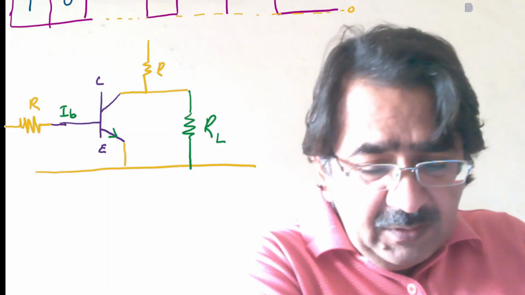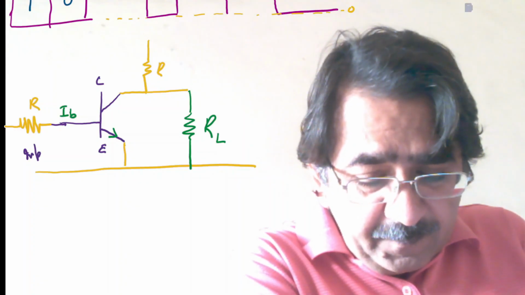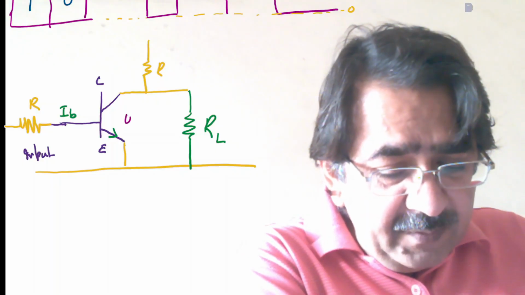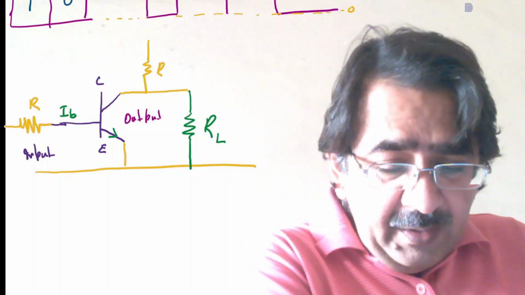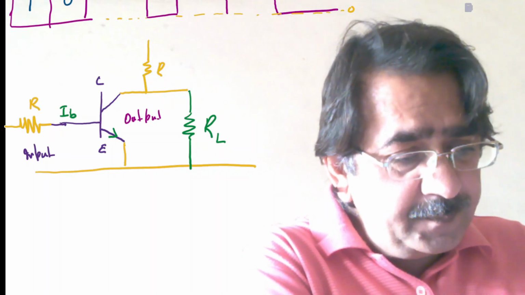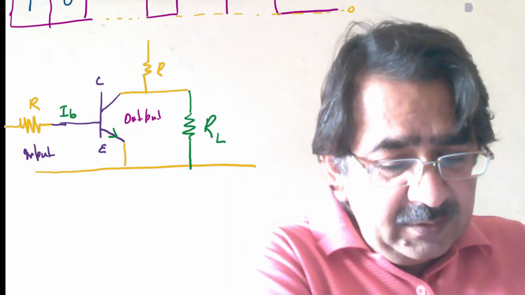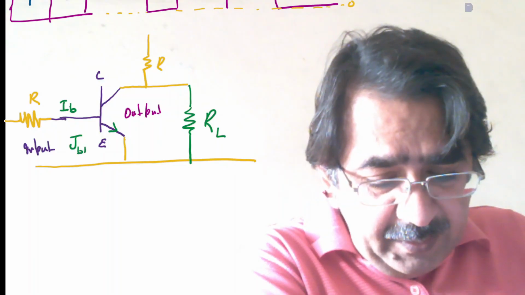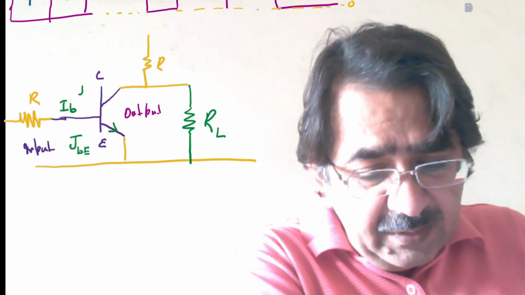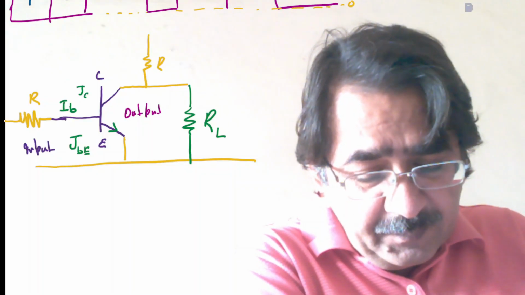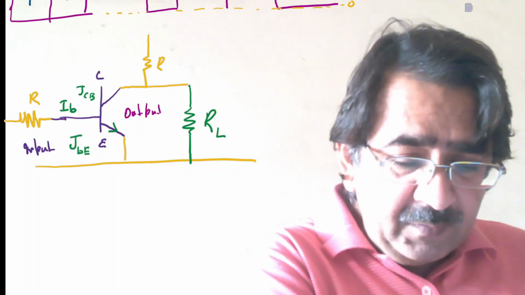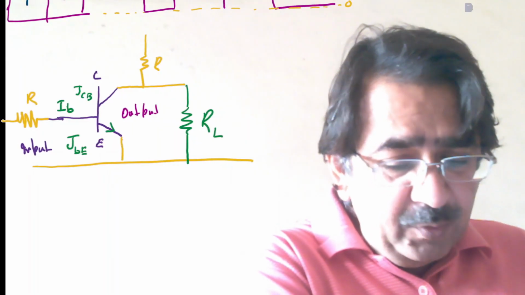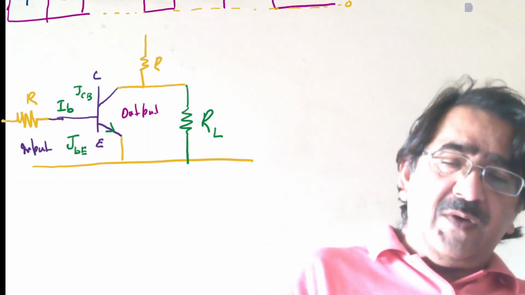This will be the input and here will be the output. There will be a BE junction and a JCB junction, so there will be two junctions. One will be reverse biased and one will be forward biased.